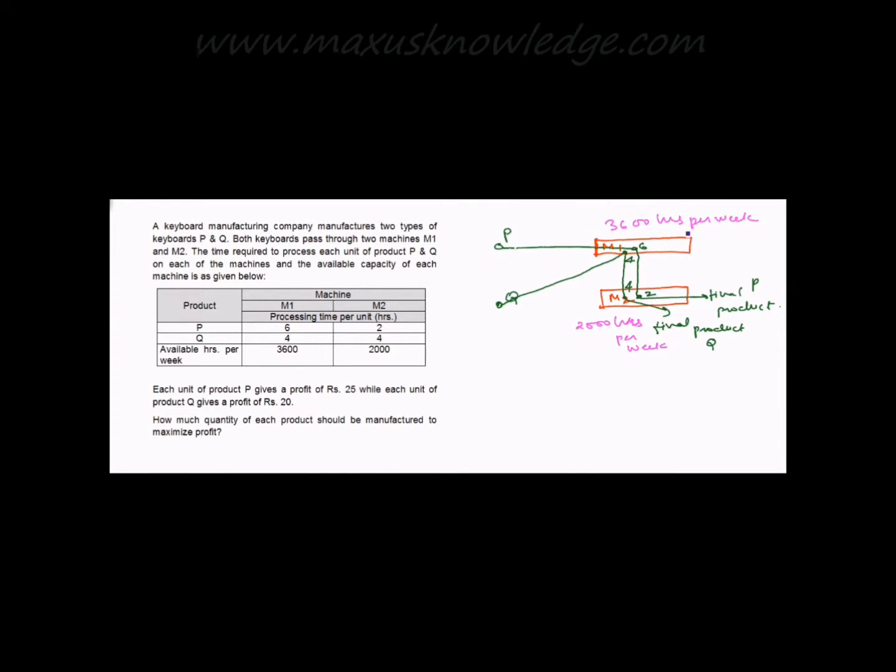So if we divide 3600 by 6, we'll know how many units of P can be processed on M1 per week. So P1 M1 is 3600 by 6 is equal to 600 units per week.